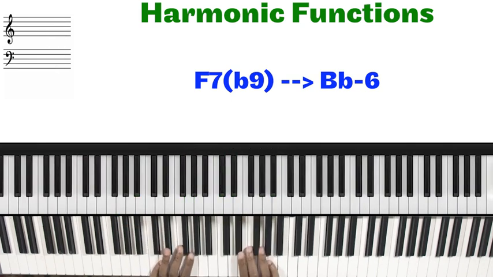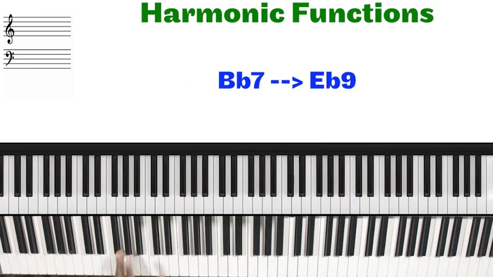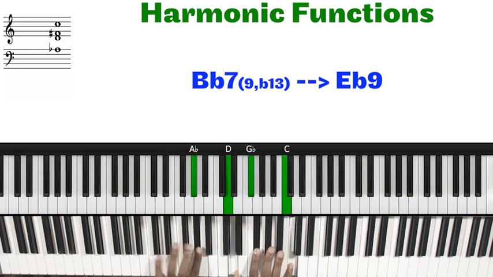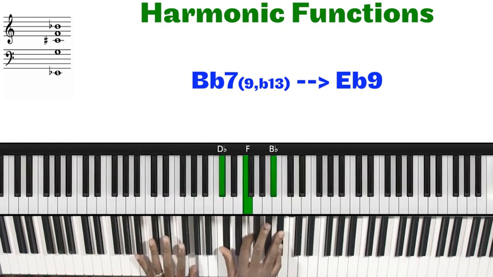All right. Let's say it's functioning as an E flat 9. Okay. So let's approach the E flat 9 with a B flat 7 chord. So 5, 5 up, 5 to 1. Let's do a B flat 7, sharp 9 flat 13. All right. Going to the E flat 9.